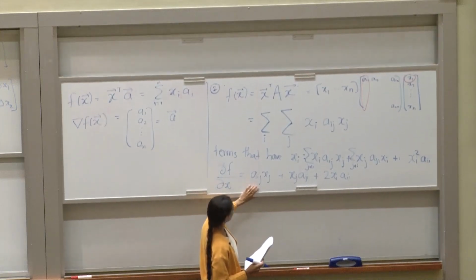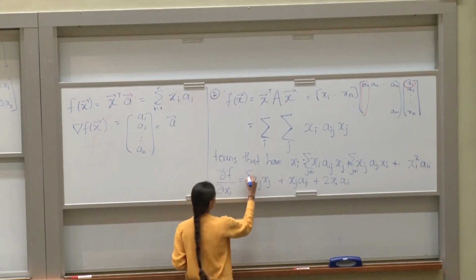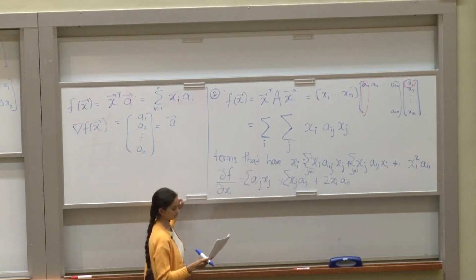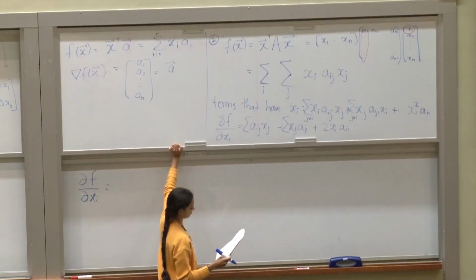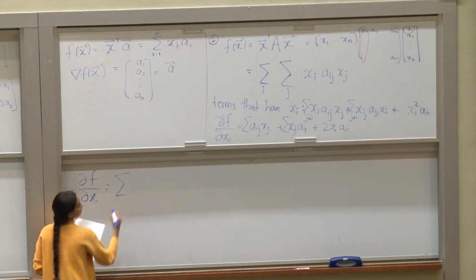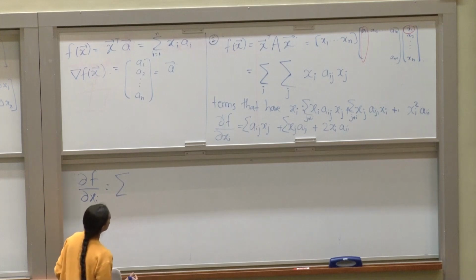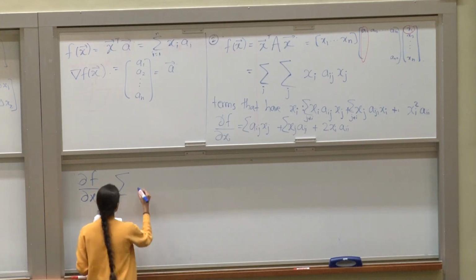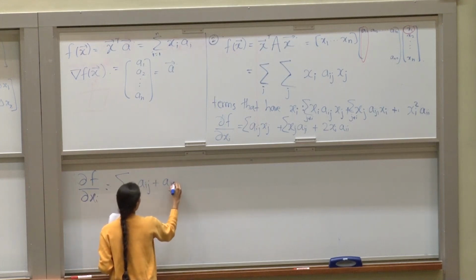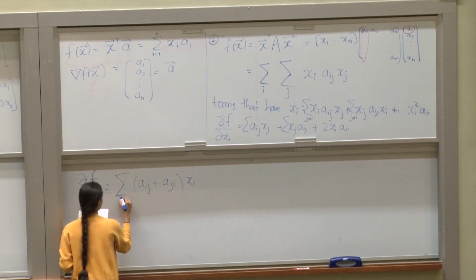So now this gradient, this is totally wrong. What should I have here? I should have a summation here, and I should have a summation here, right? So I can write this now as a summation jointly over aij plus aji times xj over all j.